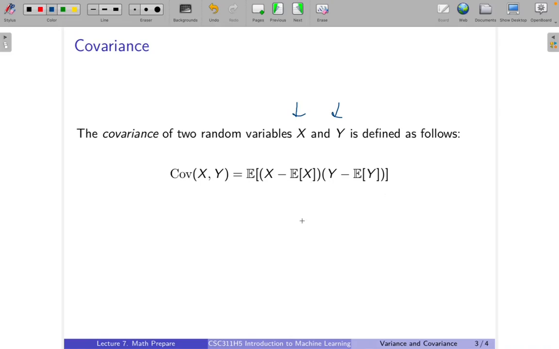One way you can think about the covariance is, how much do these two variables co-vary or vary together?